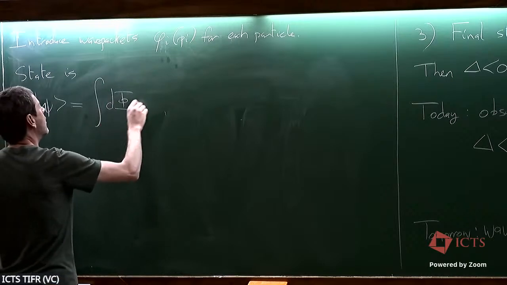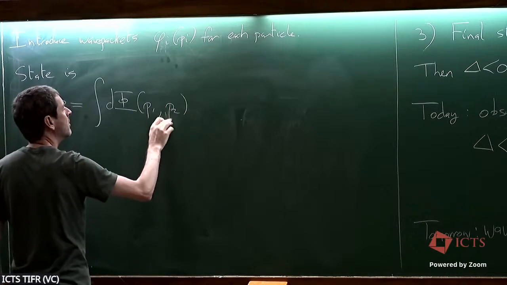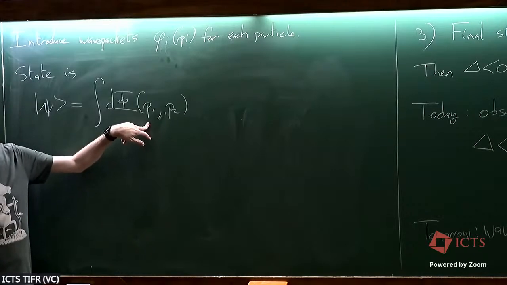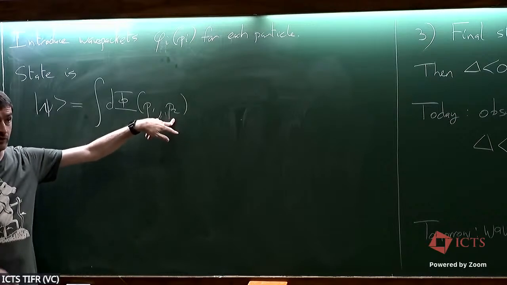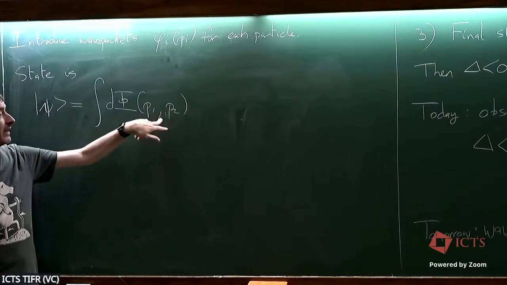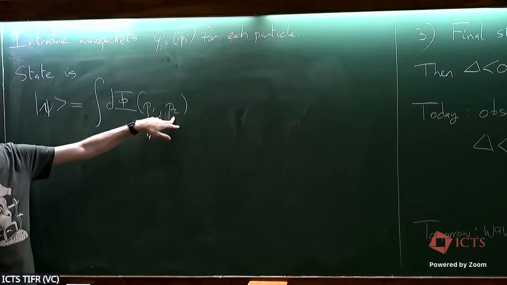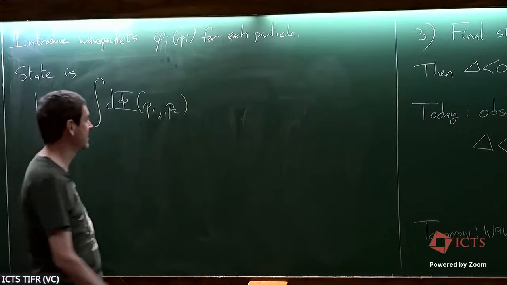So I'll integrate over the momentum of particle 1 and particle 2, d phi of particle 1 and particle 2. One thing to be aware of is that the d phi for particle 1 has a delta function setting p1 squared to m1 squared. The d phi for particle 2 sets p2 squared to be m2 squared. So I'm always indicating that by the number on the momentum. It's a bit of an abusive notation, if you want, but it's shorthand.